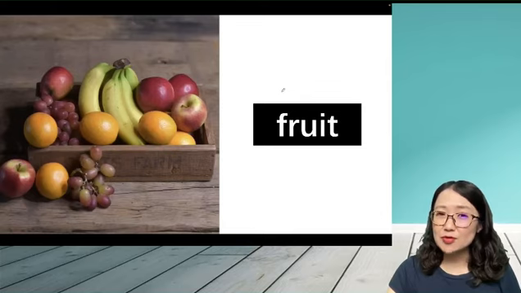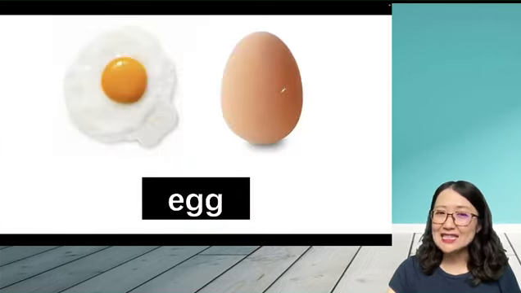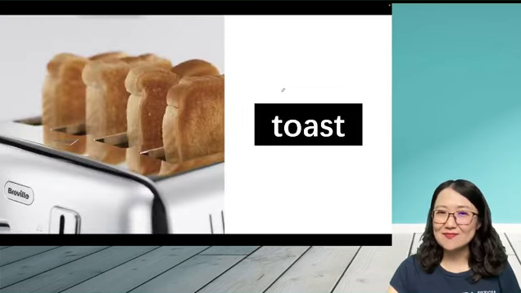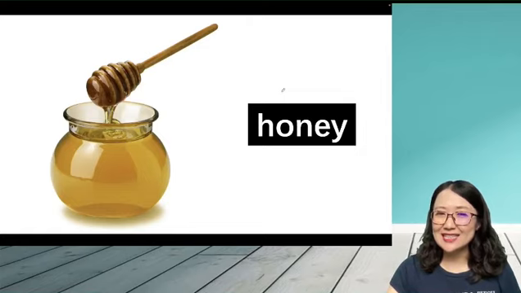So that's fruit. Fruit. Okay? And the next one, egg. Egg. All right? And what about the next one here? That's yogurt. Yogurt. And toast. Toast. And this one here, honey.